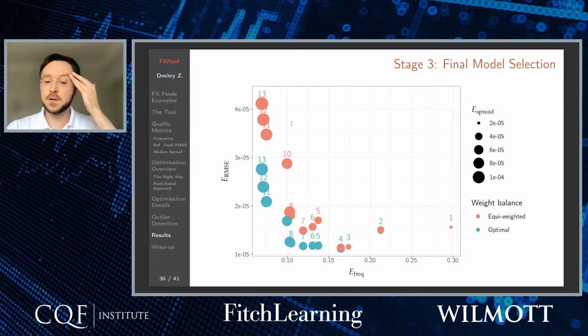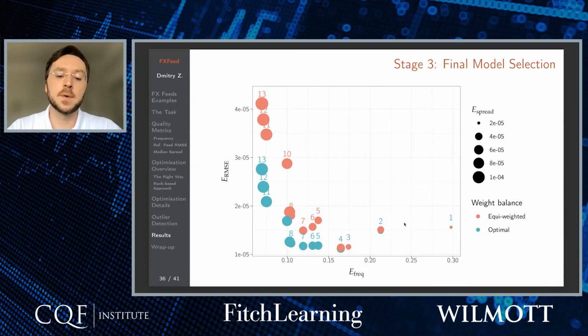But first of all, the plot. On x-axis, you have the frequency metric. On y-axis, you have the reference feed distance metric, and every point size shows the spread metric. And as we add more and more feeds to the model, the frequency metric decreases. The spread increases, obviously, and the reference feed distance metric behaves differently.